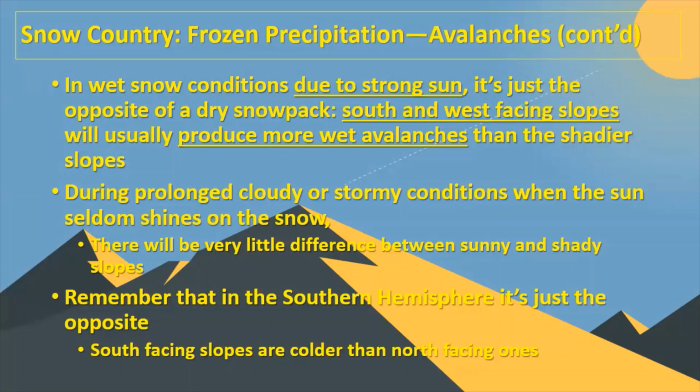During prolonged storminess or cloudiness periods, when the sun never makes it to the snow directly, there will be little difference between the sunny and shady slopes. So that's one time both slopes, north and south, are the same. And remember that in the southern hemisphere, of course, what I'm saying is going to be the opposite. South-facing slopes are going to be the colder slopes compared to the north-facing slopes.